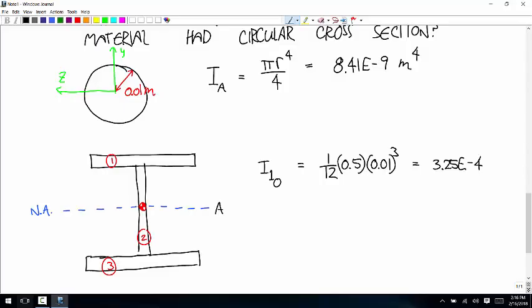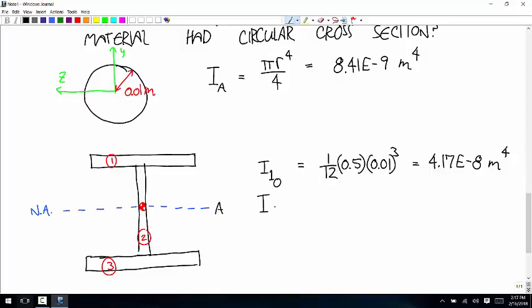Oh, no, not yet. What do we get? It's something tiny. Minus 8. Okay, it's little. And that's meters to the fourth. But that's about its own neutral axis.